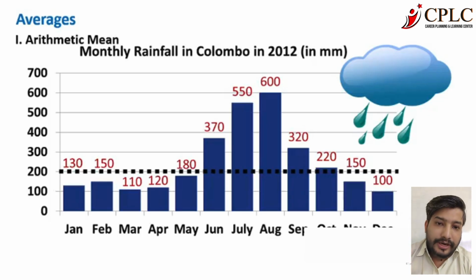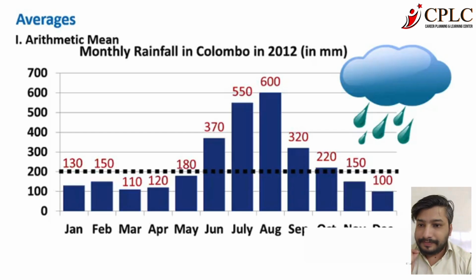We have assumed 200, but the actual data is 130. So there is a difference of 70. So that will be minus 70, and that is called the deviation. Similarly, for February, the actual data is 150, we have assumed 200, so the deviation will be minus 50. So February's number is 50 less than what we have assumed. That is what it denotes.